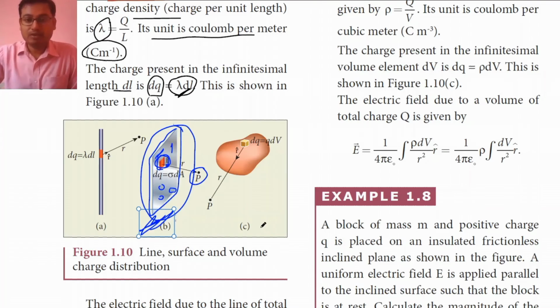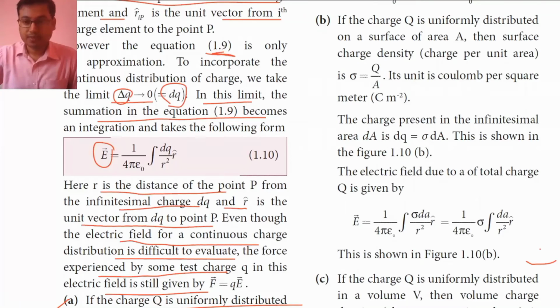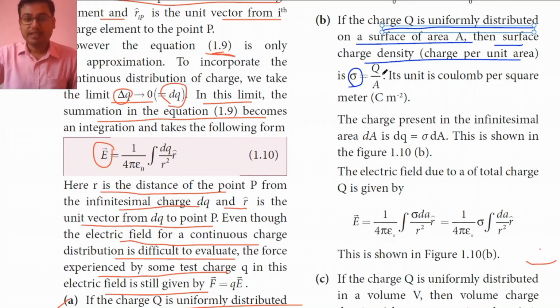So coming back to our theory portion, if the charge Q is uniformly distributed on a surface of area A, then surface charge density per unit area, sigma, is equal to Q by A. Its unit is Coulomb per square meter. The charge present in the infinitesimal area dA is dQ is equal to sigma dA.